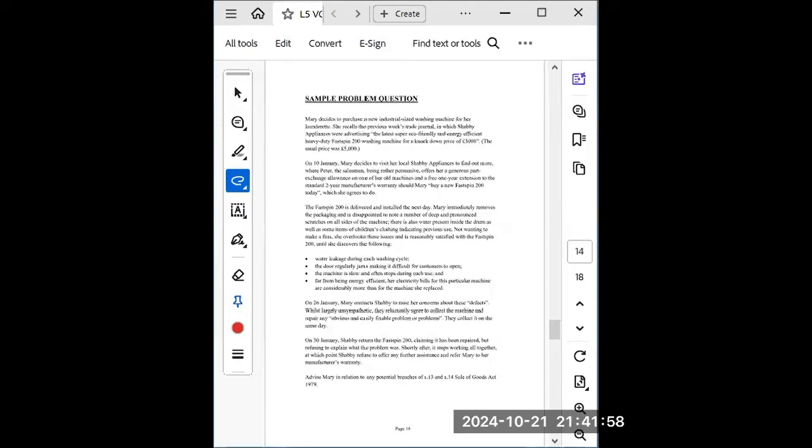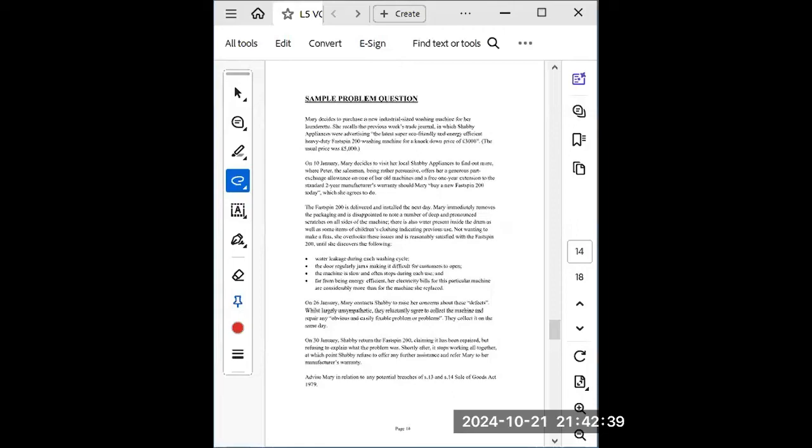The Fastspin 200 is delivered and installed the next day. Mary immediately removes the packaging and is disappointed to note a number of deep and pronounced scratches on all sides of the machine. There is also water present inside the drum, as well as some items of children's clothing indicating previous use. Not wanting to make a fuss, she overlooks these issues and is reasonably satisfied with the Fastspin 200 until she discovers the following: water leakage during each washing cycle.